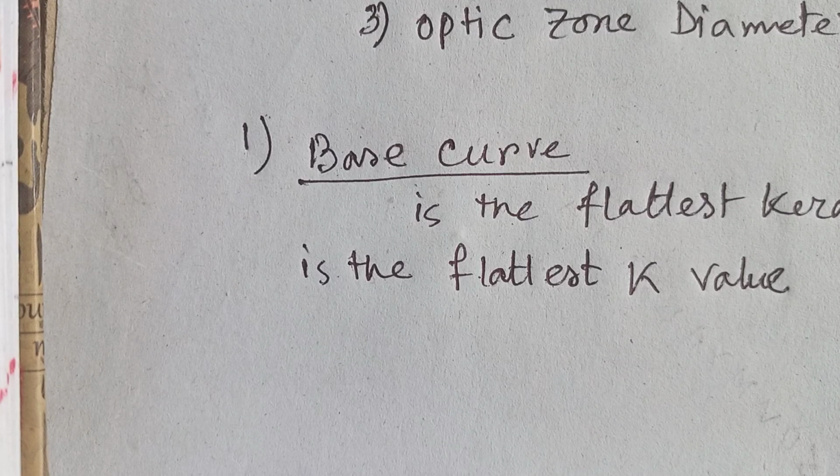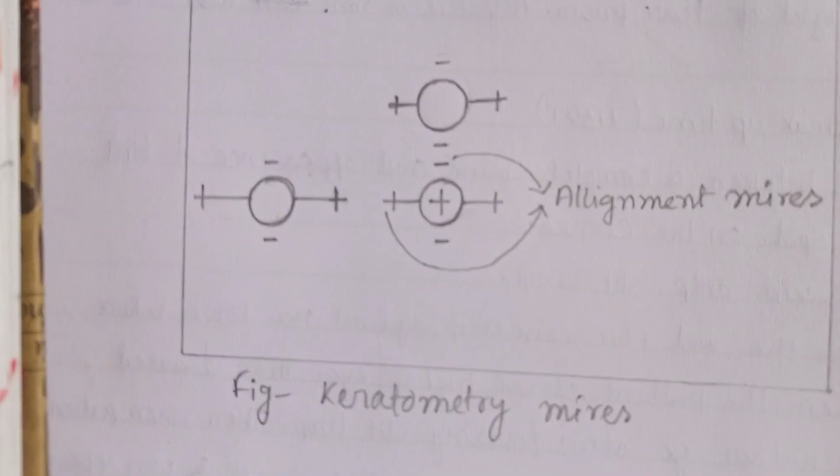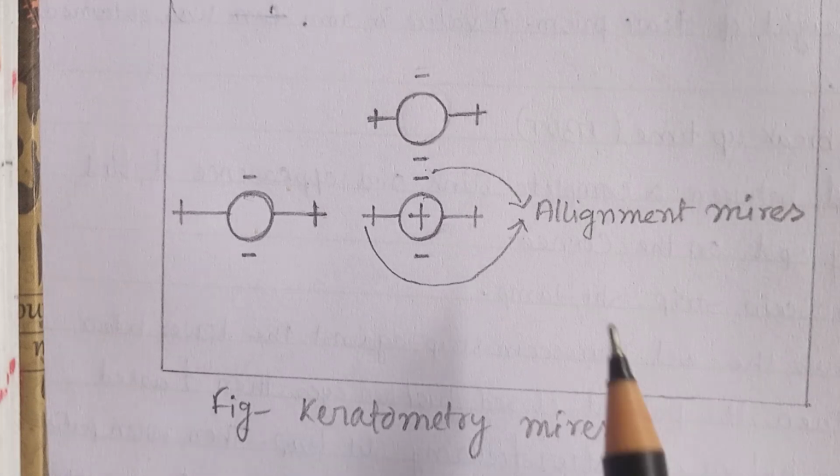K value means the keratometric value, and how to perform keratometry, in brief: after asking the patient to keep the chin on the chin rest and to look at the image of their own eye in the keratometer, and after focusing from the examiner side, you will find this type of interface in the keratometer.